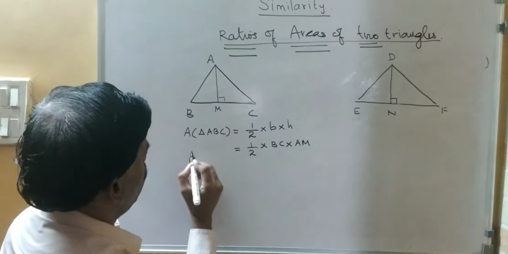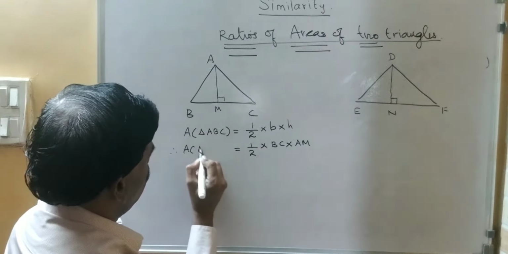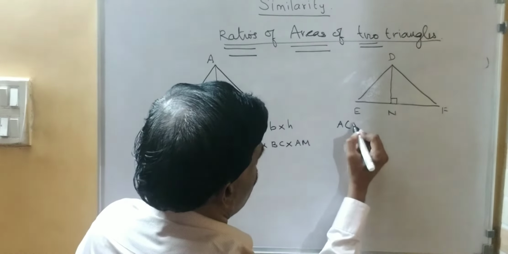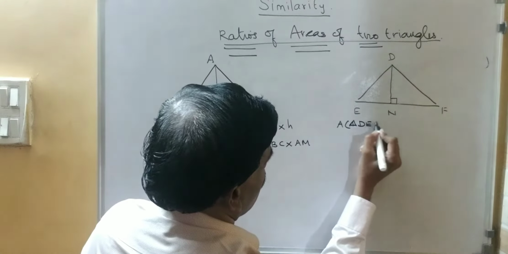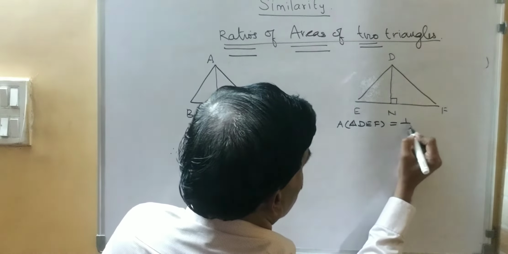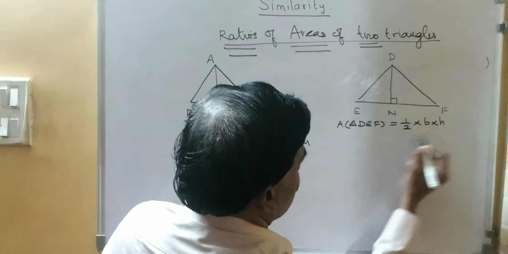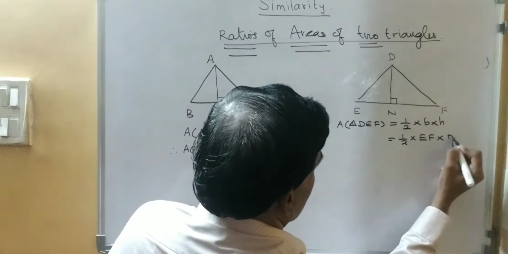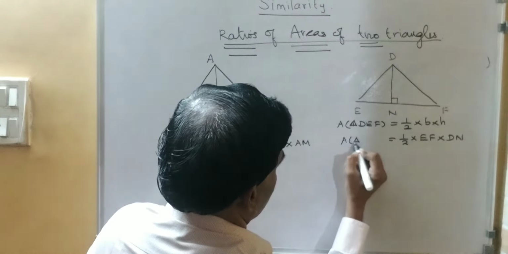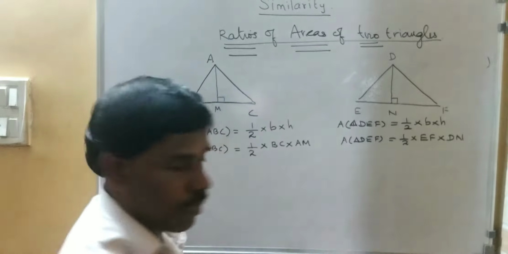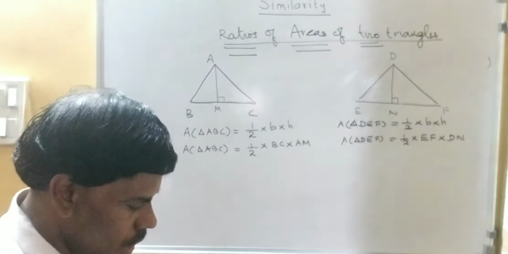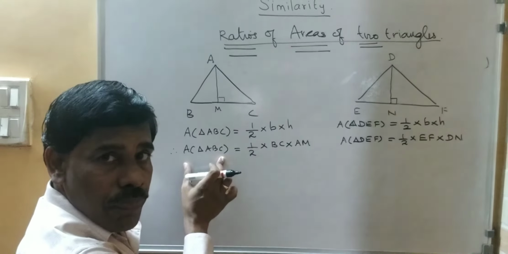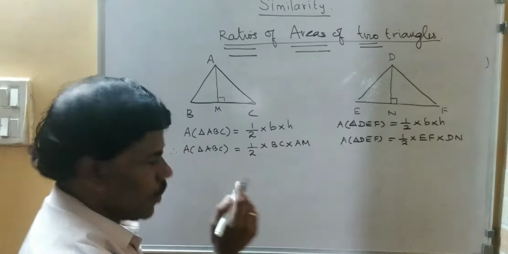Now for this triangle DEF, what is the area of the triangle? Half into base into height, half into EF into DN. Right? Now the ratio of areas: the area of this divided by the area of this.